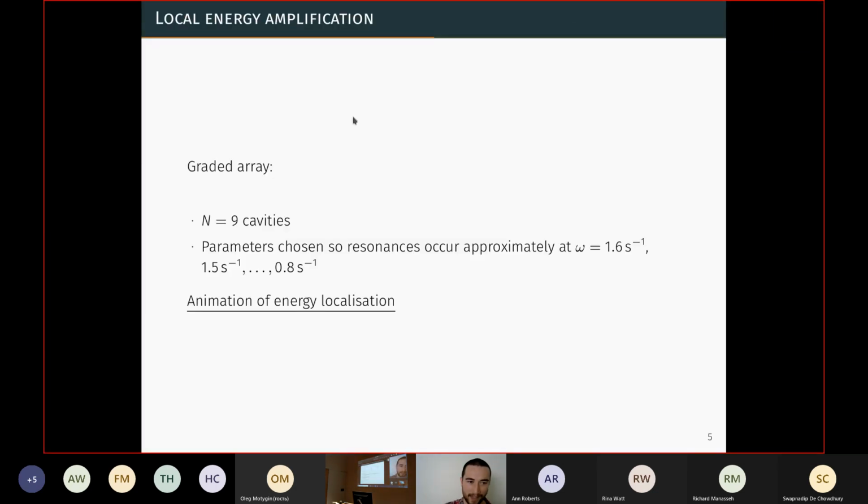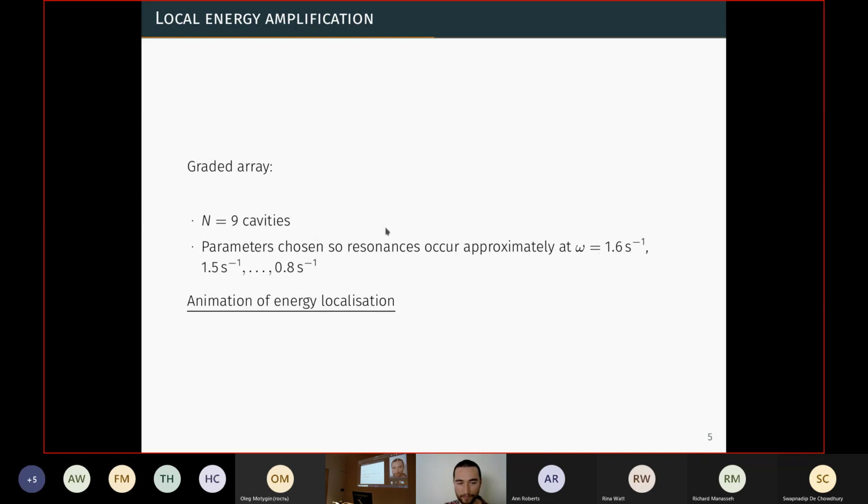Now that we understand the resonance which occurs between a pair of identical barriers, we can go on and start looking at graded arrays of barriers. For this example, I'm creating a system with 9 cavities, and I've chosen the parameters of the barriers so that the resonance of the first cavity should approximately occur at 1.6 per second, and this is angular frequency.